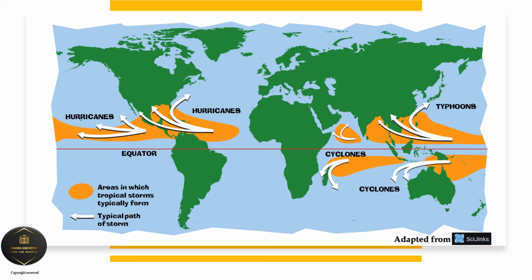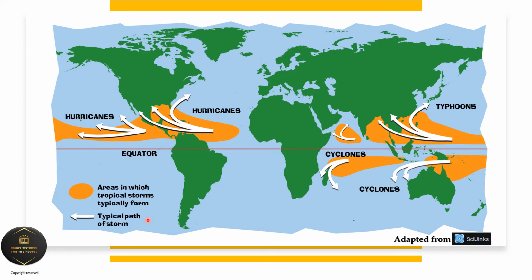And the first thing that we notice from the diagram is that it has a specific key, right? It has the orange color, and the orange color basically represents areas in which the tropical storm will typically form, right? And it also has the white arrows.